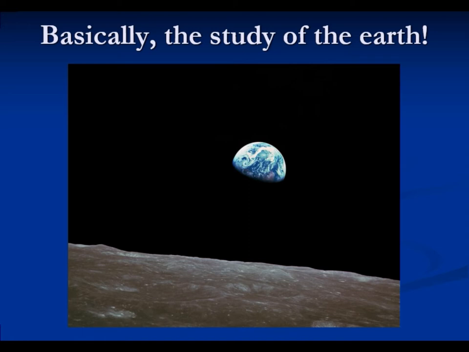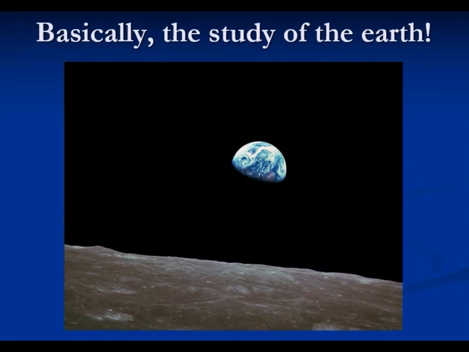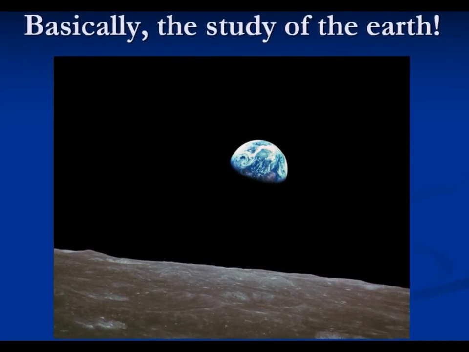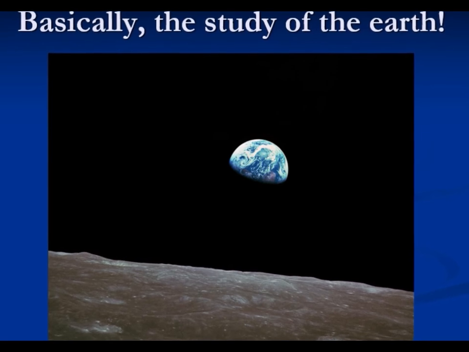There have been times in history when diseases have wiped out millions of people on the planet, and there have been natural disasters like volcanoes or hurricanes. And when people saw this picture of the Earth from space, it made them realize that we only have one home. We only have one Earth that we all share together.